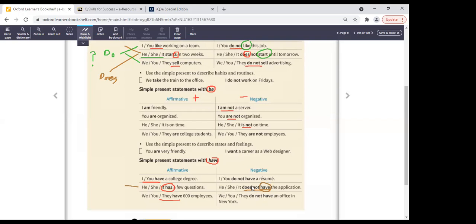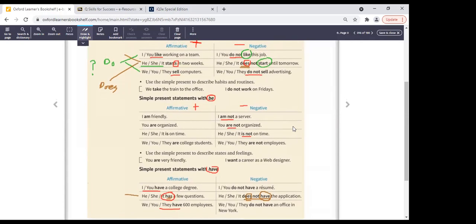But when it comes to the negative, our verb do takes the s. It does not start. There's no s on start, because our do takes the s. We can't have two s's, so both verbs don't take s. Same thing with have: even though it's has in the positive, in the negative it becomes have, because do takes the s. So, it does not have. Excellent. Well done.